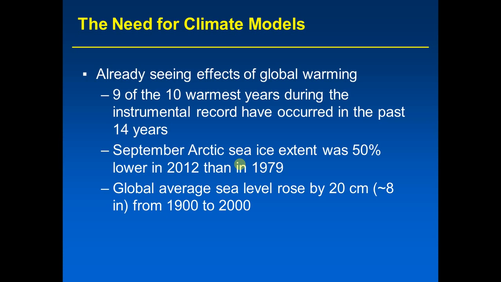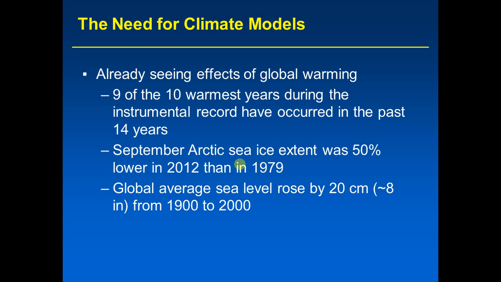Another effect of global warming is that sea level is going up. So in fact, global average sea level rose by 20 centimeters, nearly 8 inches, from 1900 to 2000. And that might not seem like a lot, but that's a global average sea level rise. Some parts of the ocean rise more, some less.